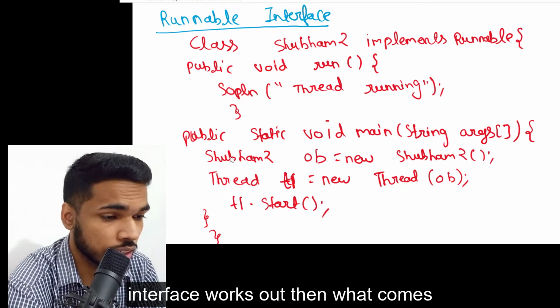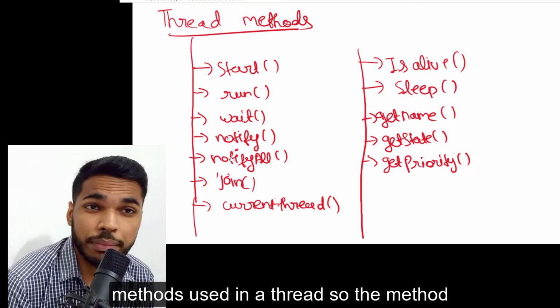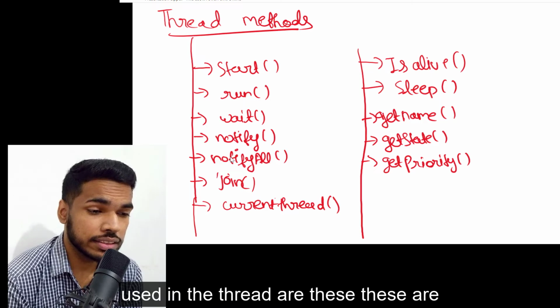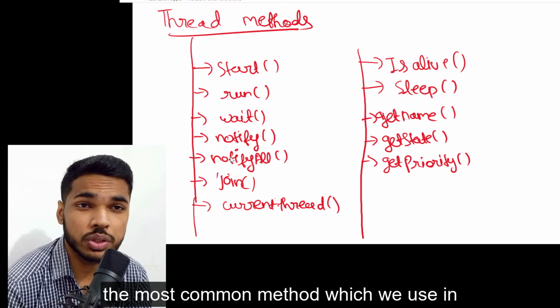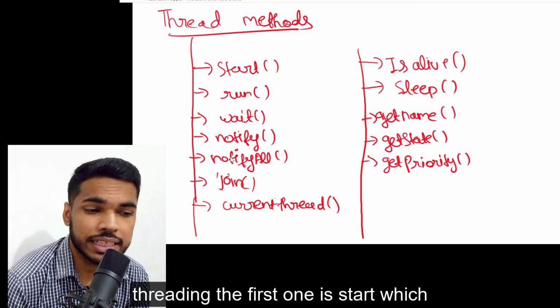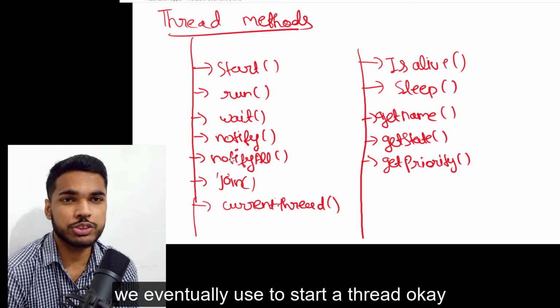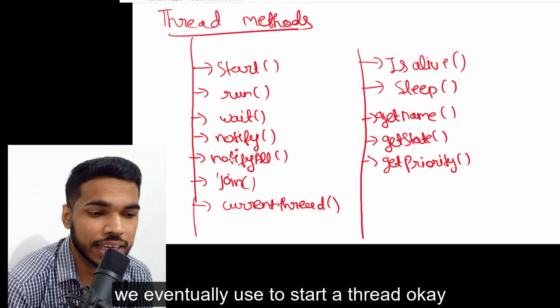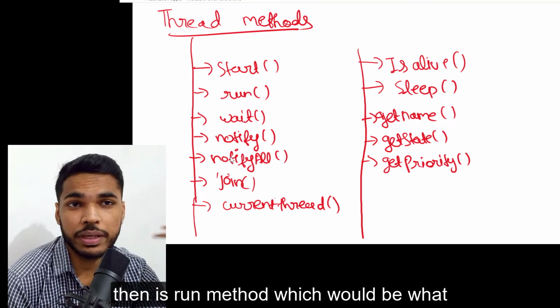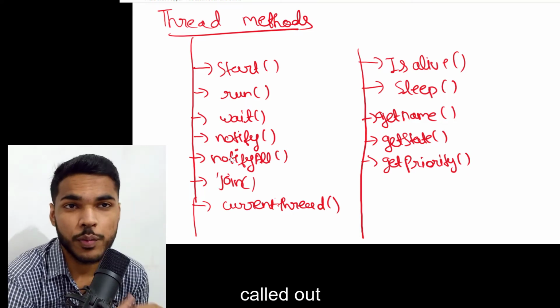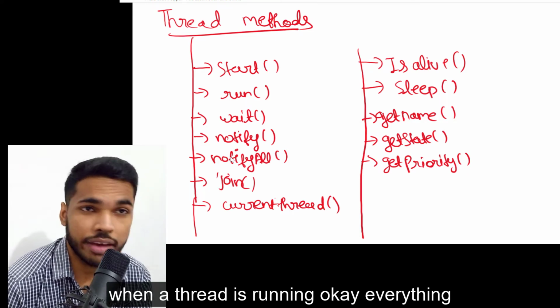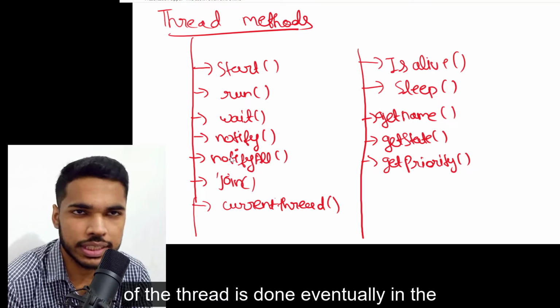Then what comes? Methods used in a thread. These are the most common methods which we use in threading. The first one is start, which we use to start a thread. Then is the run method, which is called when a thread is running. Everything of the thread is done in the run method only.